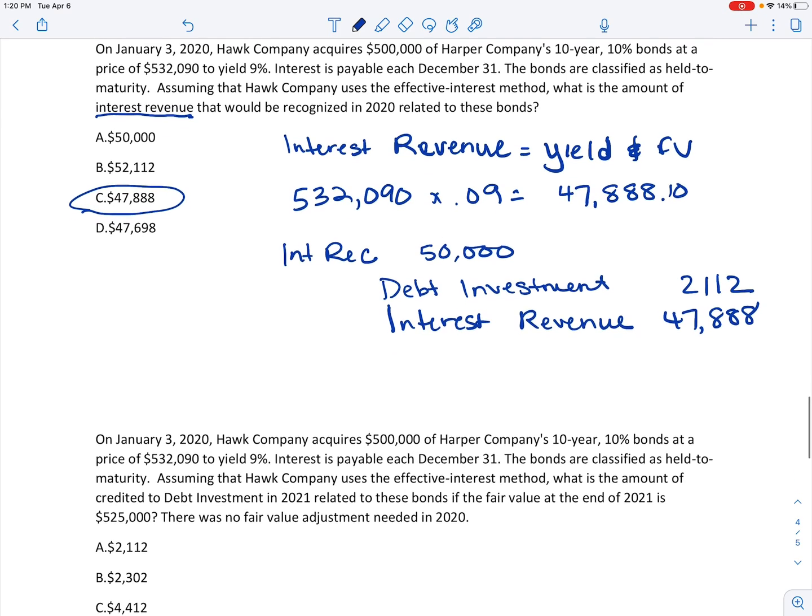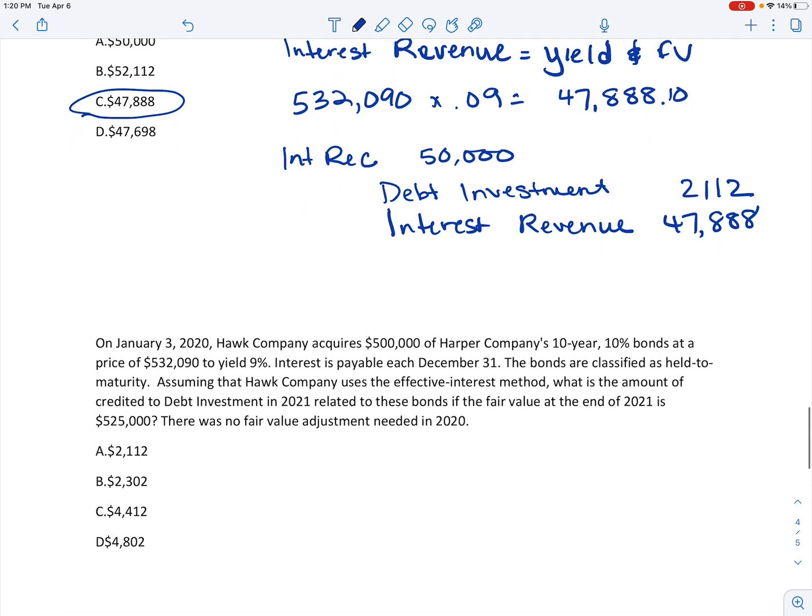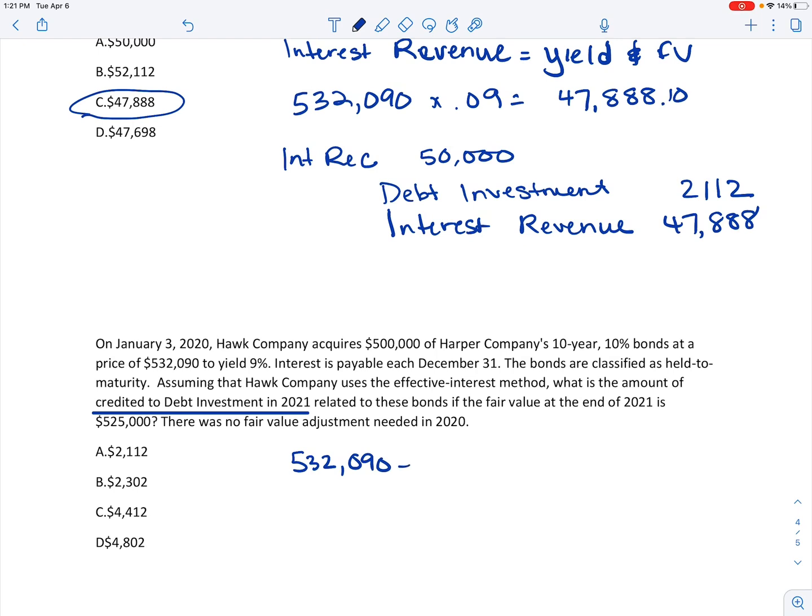So another way this same problem might be presented is saying, what is the amount credited to debt investment in 2021 related to these bonds if the fair value at the end of 2021 is 525. So using that same information, we know that we currently had a fair value of 532,090. We have to adjust for the adjustment to debt investment we just made.